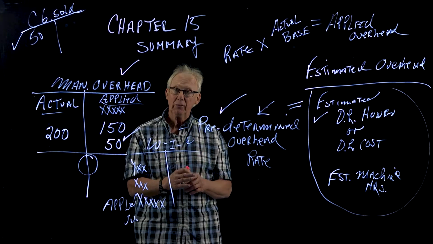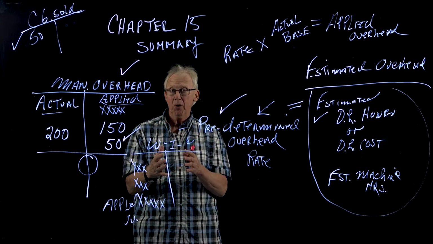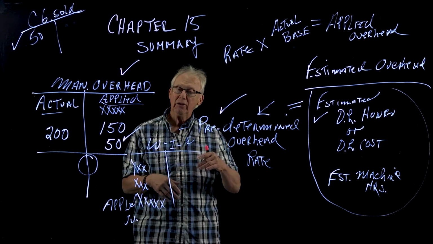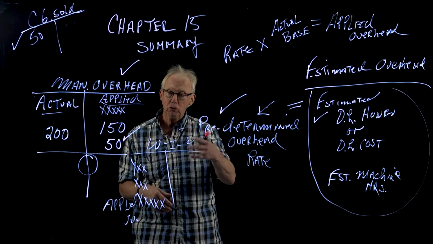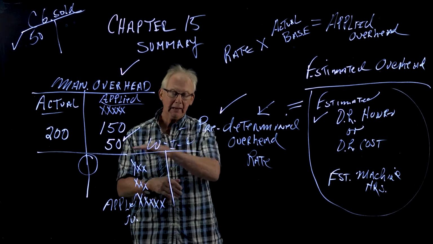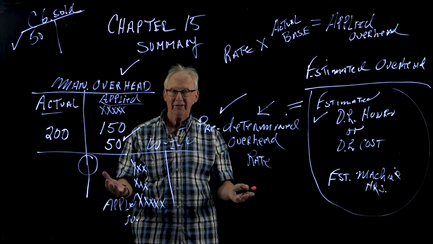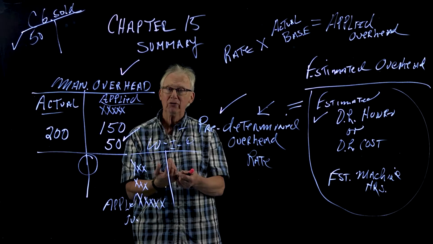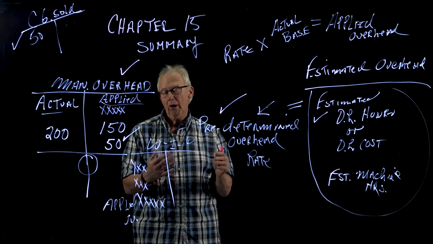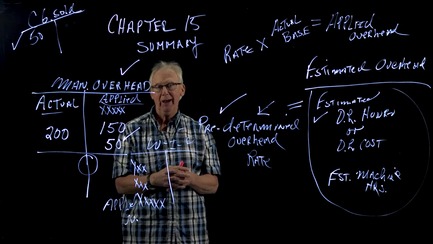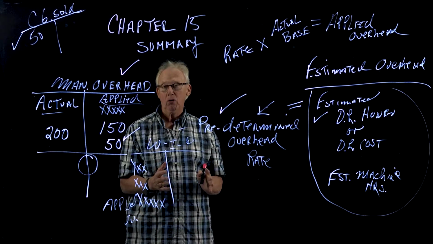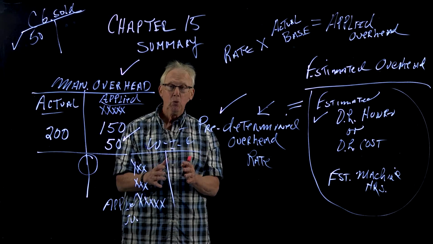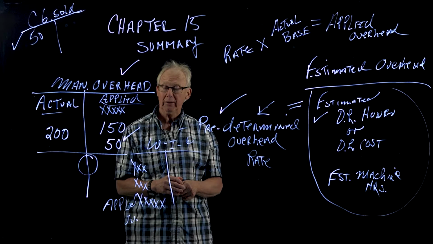So a surgery would be a job order costed job, whereas if you're making Coca-Cola or Pepsi and everything's the same, it's just one big vat of regular Pepsi, that would be what we call a process costing system. And we're not talking about process costing in this chapter. We're talking about job order costing, okay? So just remember, job order costing has to do with each job being specific.